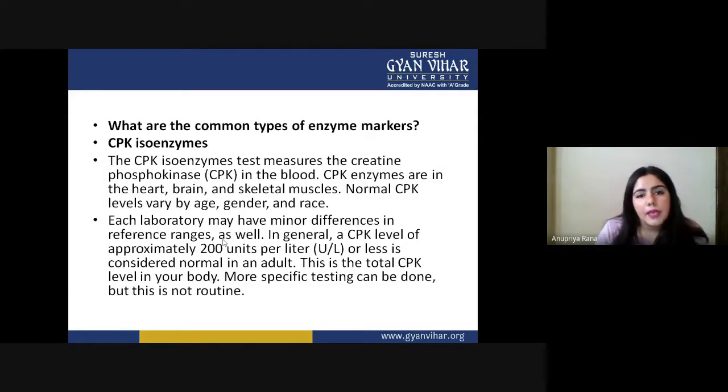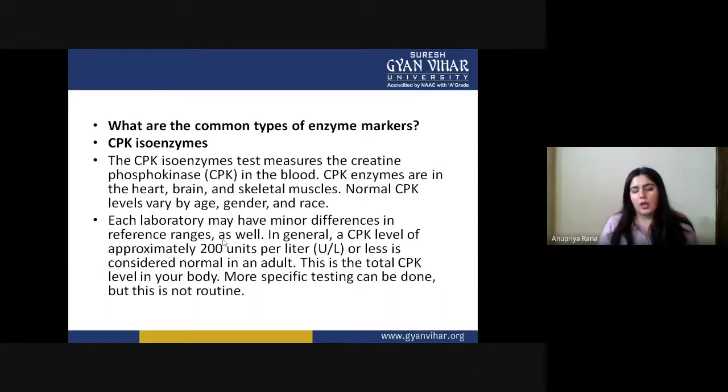The CPK enzyme test measures the creatine phosphokinase in the blood. So we just prefer to call it CPK only. CPK enzymes are in the heart, brain, and skeletal muscle, and normal CPK levels vary by age, gender, or race.